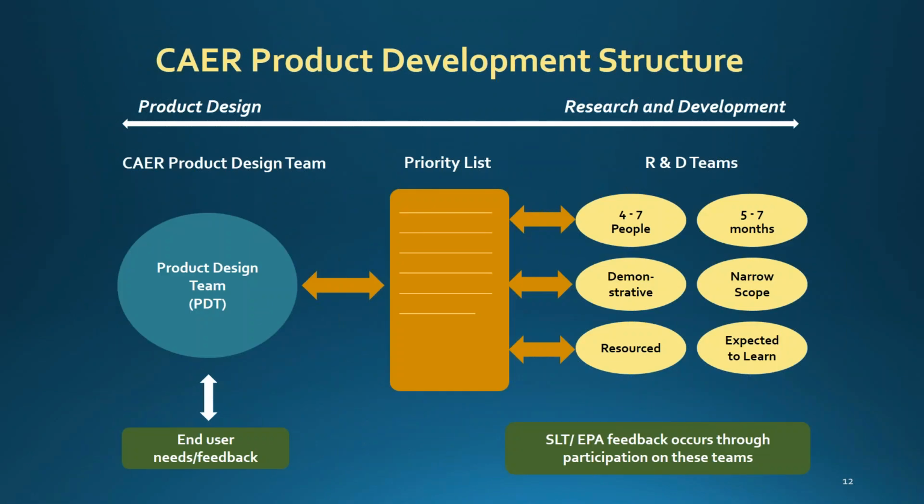So this is a diagram of the organizational structure of the product design team. On the left-hand side there, as I said, there's this roughly 12-member product design team that meets and manages a series of R&D projects. And we work off a priority list that started with the CARE implementation plan, and we've gone from that and looked at priority topic areas.